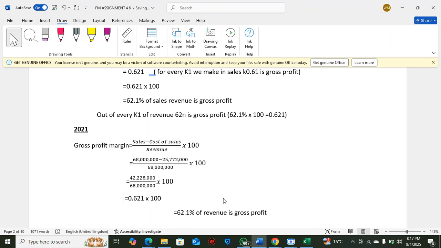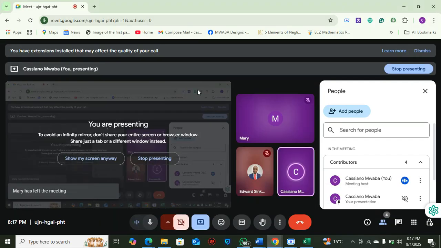So 0.621. We can see the gross profit margin for this company has stayed constant. In 2021, it was 62.1%. In 2022, it's still the same 62.1%. So, colleagues, as investment analysts, what can we say about the performance of this company in terms of gross profit?